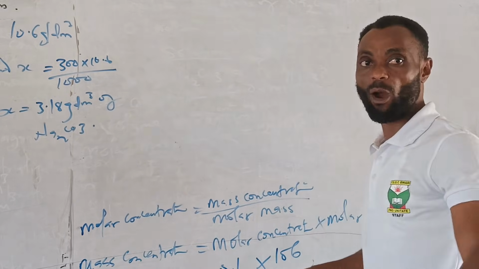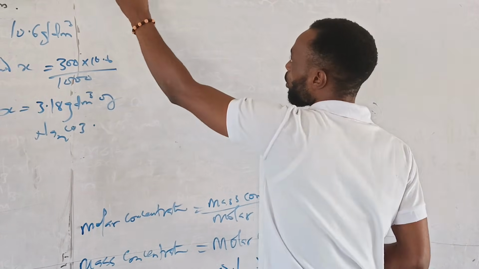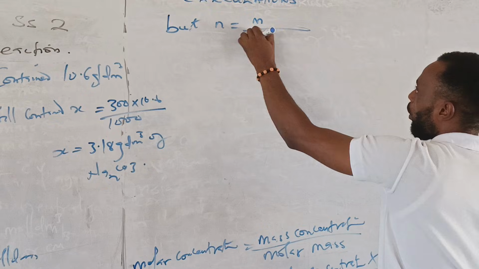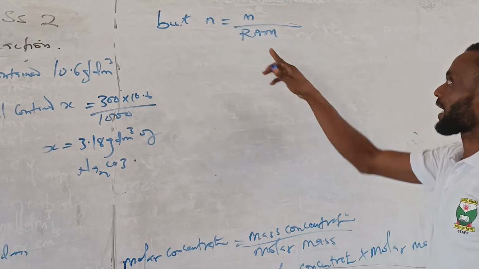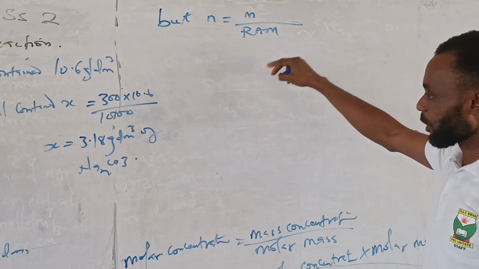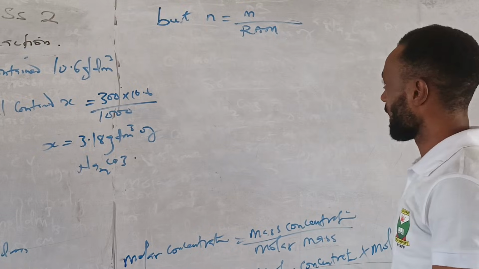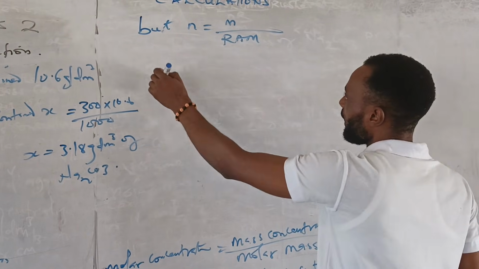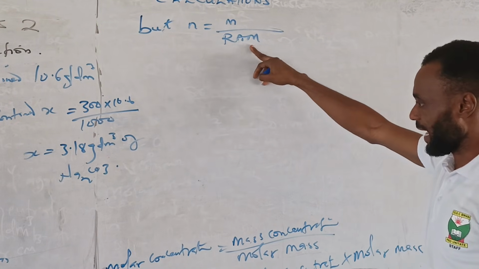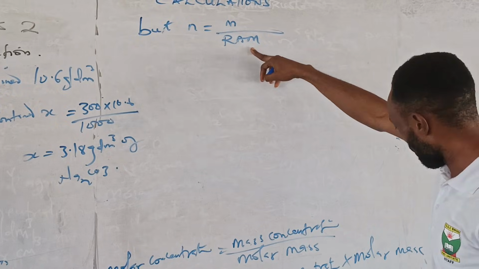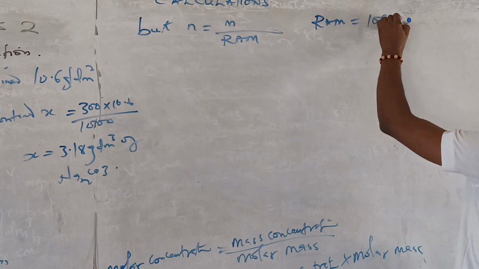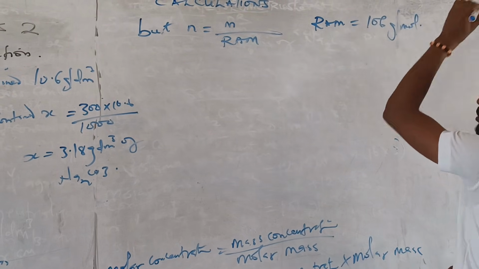From one of the formulas of moles, we also know that mole is equal to M over RAM. RAM here stands for relative atomic mass, the relative atomic mass of the compound sodium carbonate. Now we already know the value of N and the value for our RAM. I think we have calculated it before: our RAM here is 106 gram per mole.